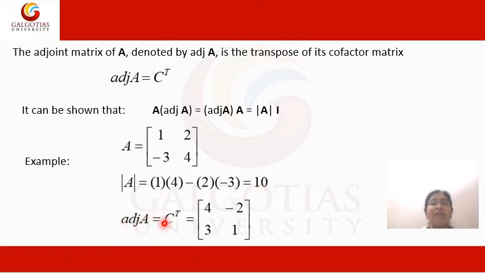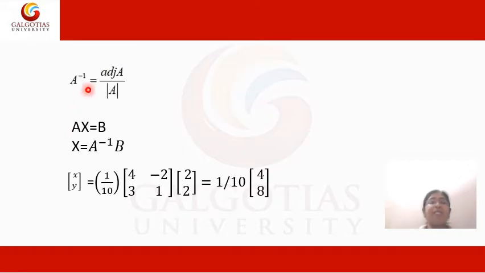Now adj A, which is equal to C transpose, is equal to [4, -2; 3, 1]. So this is the adjoint of A. Now A inverse is equal to adj A upon determinant of A. So AX = B gives X is equal to A inverse into B. Substitute the value of A inverse and the matrix B, and multiply all these.